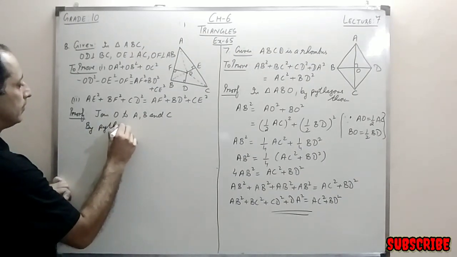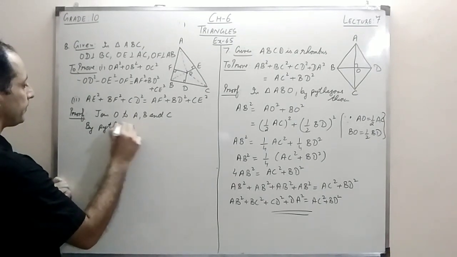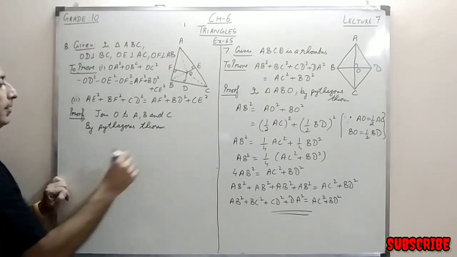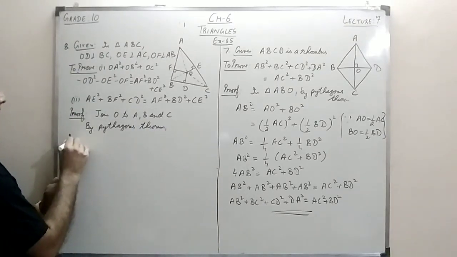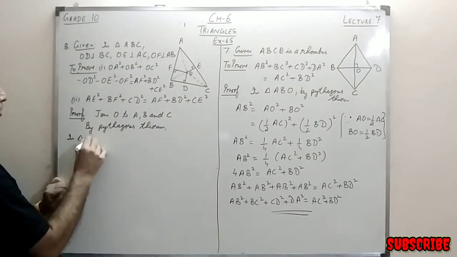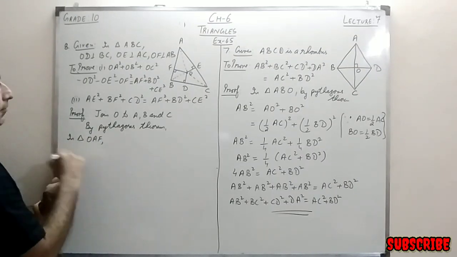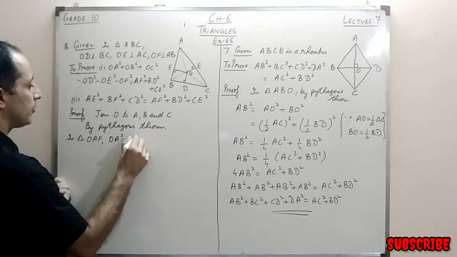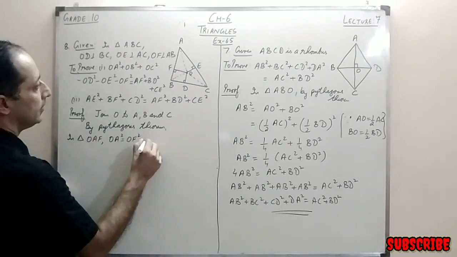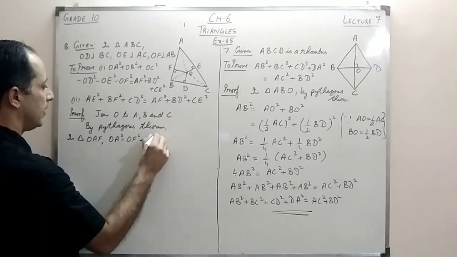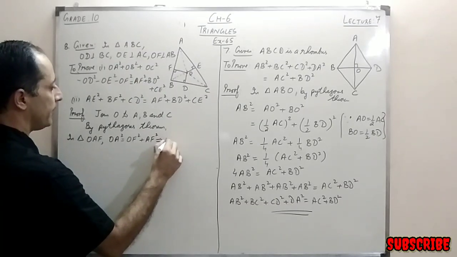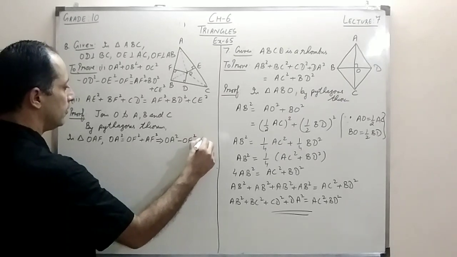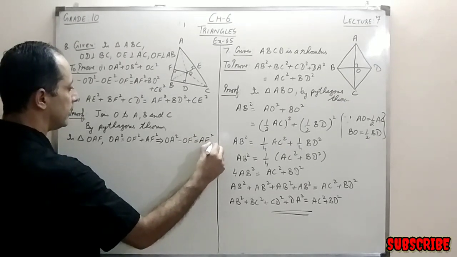So by Pythagoras theorem, in triangle OAF, OA square is equal to OF square plus AF square, and from here OA square minus OF square is equal to AF square. I write this as 1.